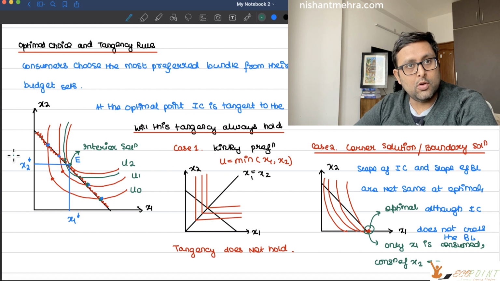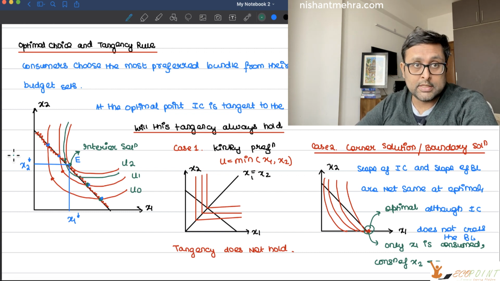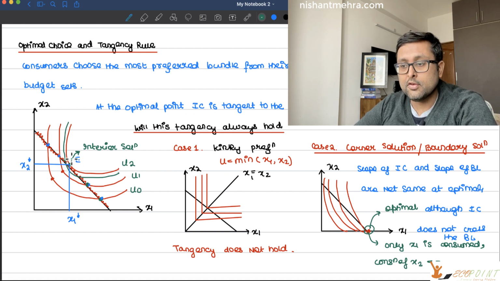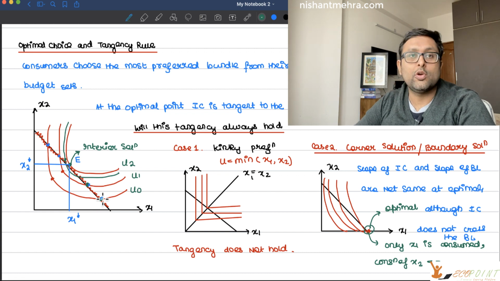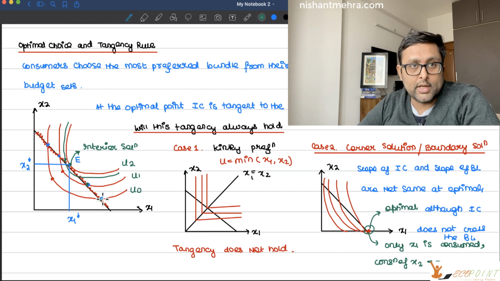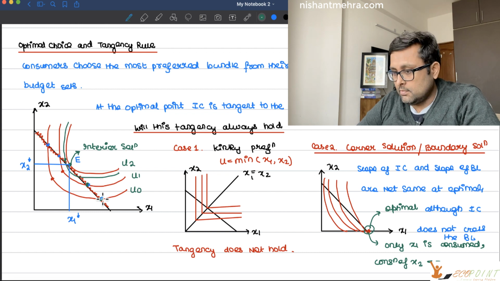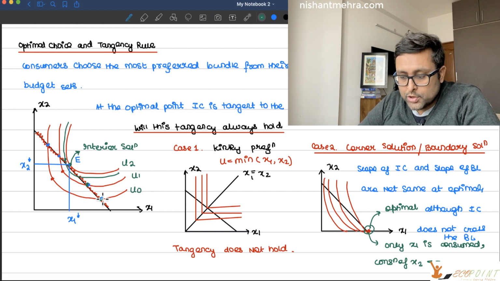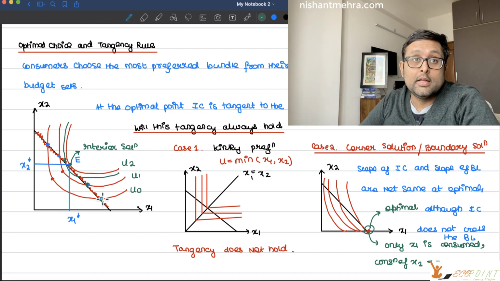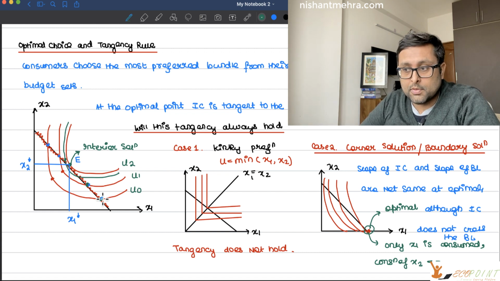If you focus only on interior solutions, and you are able to find a tangent point between the indifference curve and the budget line, then that is going to be an optimum. The idea is that if the optimal choice is going to involve some amount of both x1 and x2, then tangency is going to imply that this is an optimum, right?